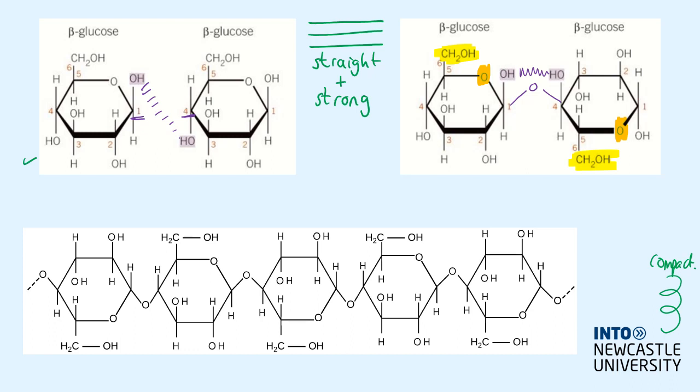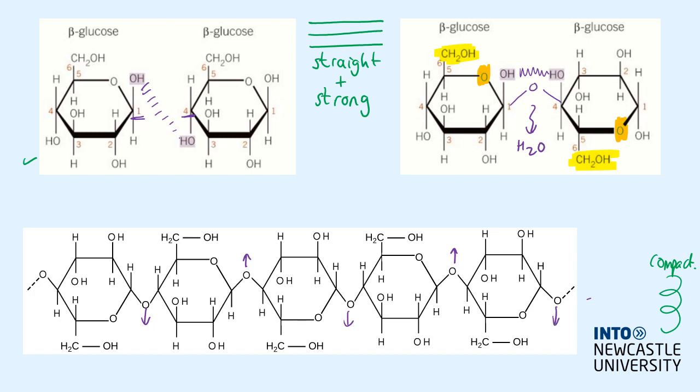And this will happen all the way along the cellulose strand. Remember, each time we form this glycosidic bond, we release a water molecule, and we end up with the structure as seen on the bottom. What we end up with is glycosidic bonds alternating in their position. So we've got a glycosidic bond down and up, down and up, down, all the way along the molecule.